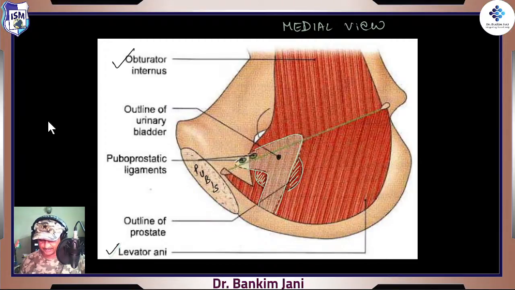Very schematic diagram, but our purpose is important, because when we'll be talking about those Kegel exercises, we need to understand that it is the levator ani, right? So important. It is this obturator internus, right? So important for these pelvic muscles.